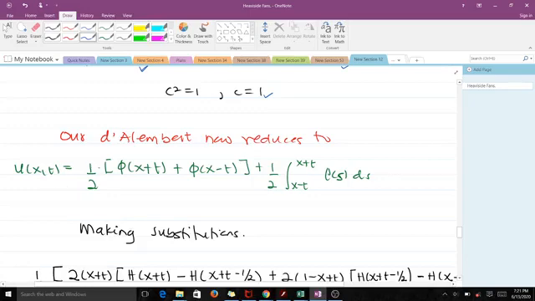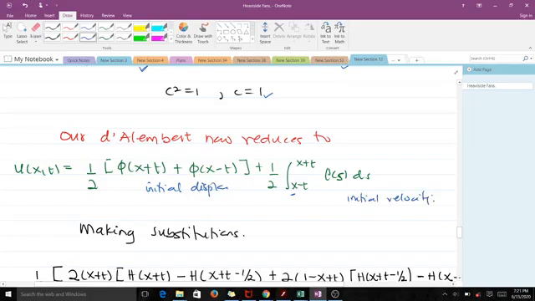So u of x and t equals 1 over 2 times phi of x plus t, then plus phi of x minus t, then plus 1 over 2 the integral of psi of s ds from x minus t to x plus t. Now phi here stands for the function of our initial displacement, and psi of s here stands for initial velocity.